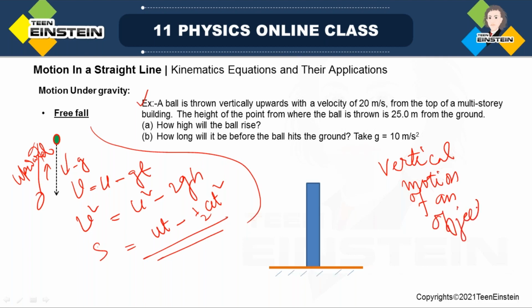Vertical motion of an object is very important and very exciting because there the acceleration due to gravity always acts downward, and your motion can sometimes be downward, sometimes upward. So accordingly you have to change your g, the sign of the acceleration.